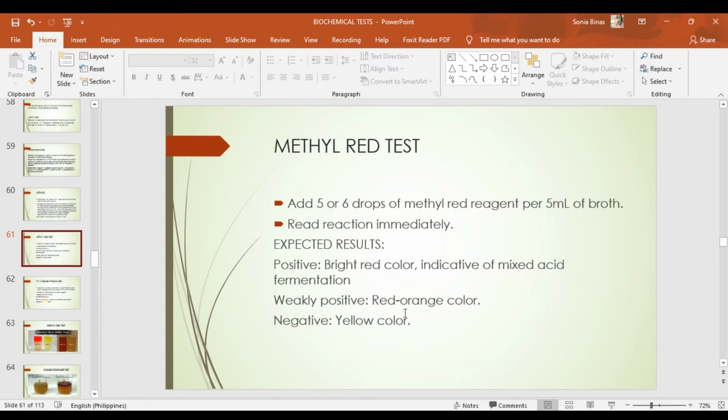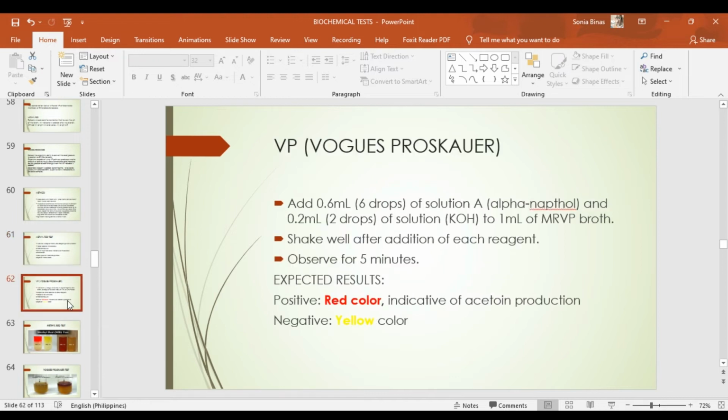So, again, the positive result for our methyl red is a bright red color production. So, pag may weakly positive organism tayo, magpo-produce ito ng red-orange color. But the negative result will have a yellow color.